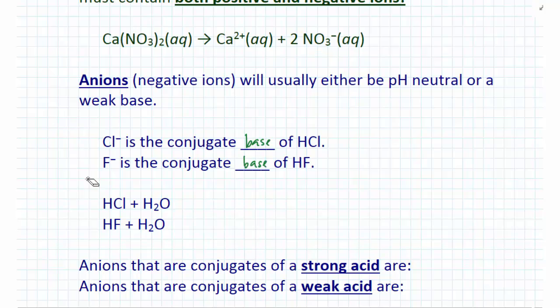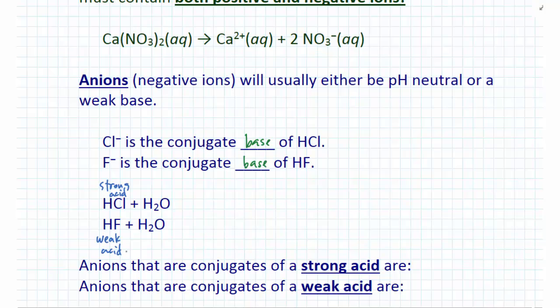Now, chloride and fluoride actually behave very differently in water because of the conjugates that they sort of come from. Okay. What would we consider HCl? Strong acid. That is a strong acid. But HF is a weak acid.